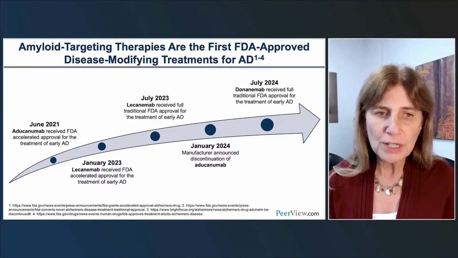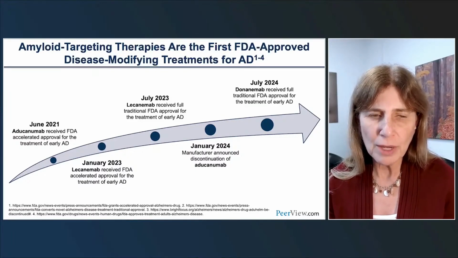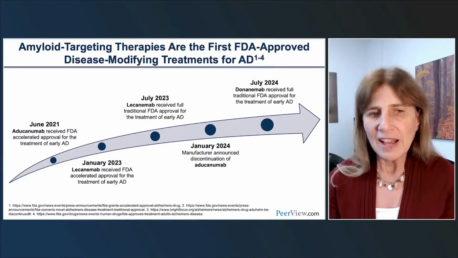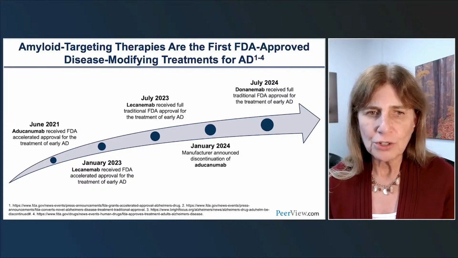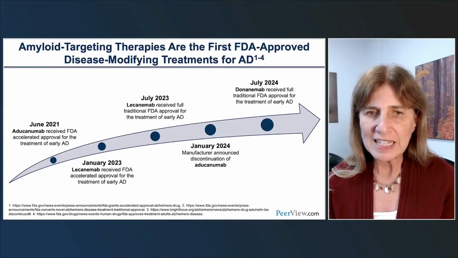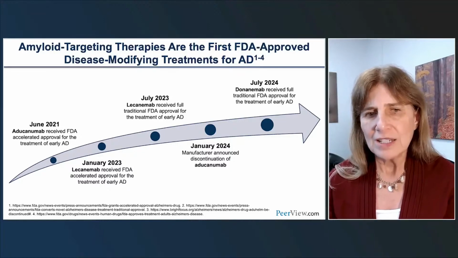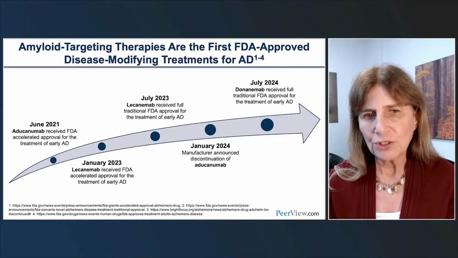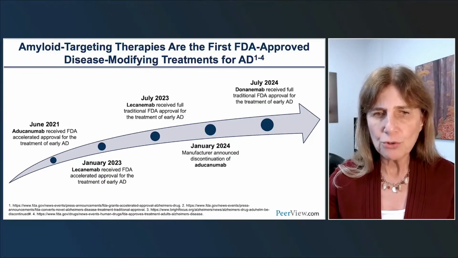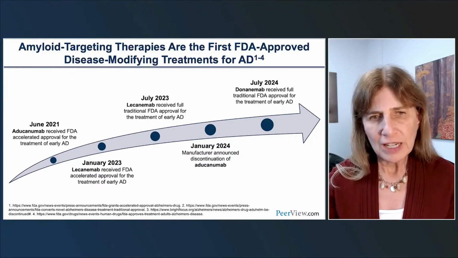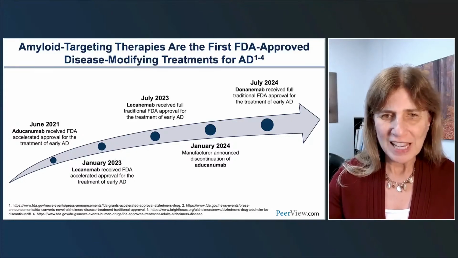However, in January 2023, lecanemab received accelerated pathway approval for early AD, and then in July 2023, it received full traditional FDA approval for early AD. And just a couple of months ago, July 2024, donanemab received full traditional FDA approval for the treatment of early AD. So we now have two antibodies targeting A-beta intended to treat early AD.